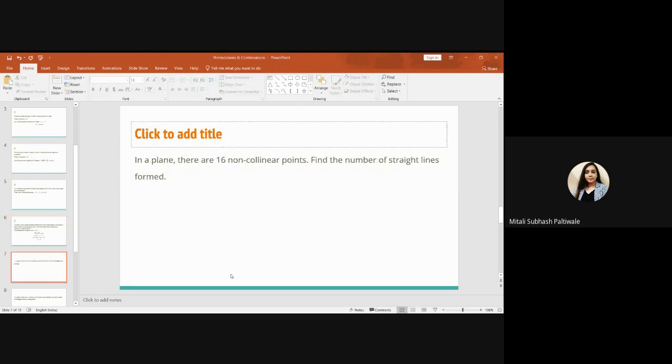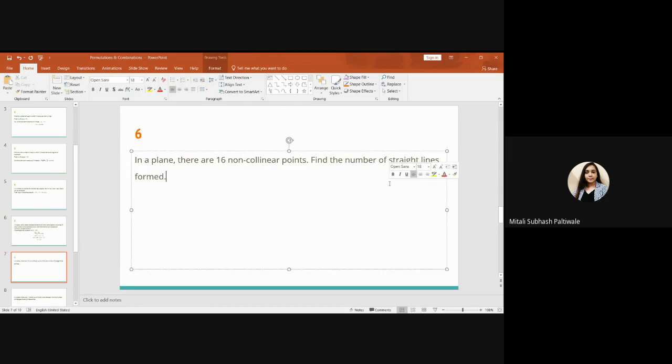And the another question is: in a plane, there are 16 non-collinear points. So find the total number of straight lines that can be formed using the plane. Okay. Now let me just tell you n is equal to 16.